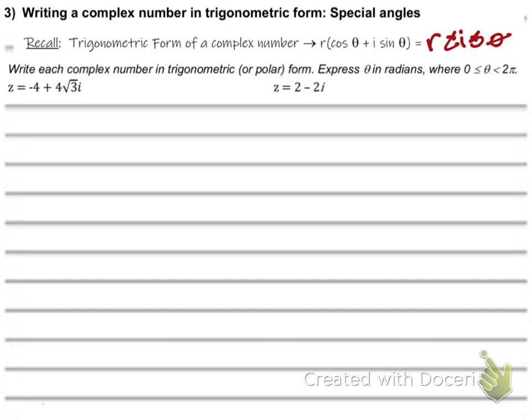So this one is special angles. So these are going to be unit circle values. So we are going to use exact answers. Notice it says theta in radians between 0 and 2 pi. So we're going to think about this z here and think about what quadrant we're in. So if we are negative, positive, we must be in quadrant 2, right?